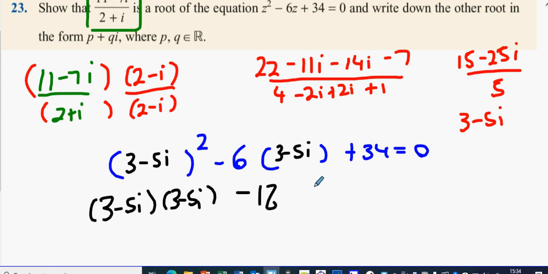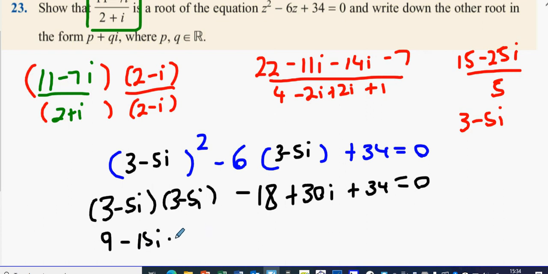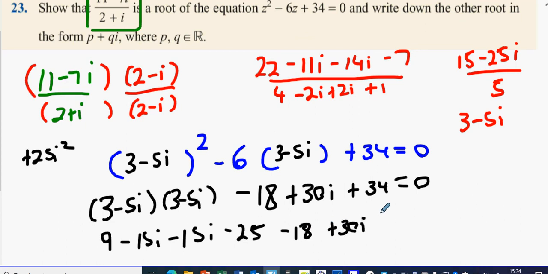Minus 18 plus 30i plus 34 equals 0. 9 minus 15i minus 15i, 25i squared, which is minus 25. Minus 18 plus 30i plus 34.